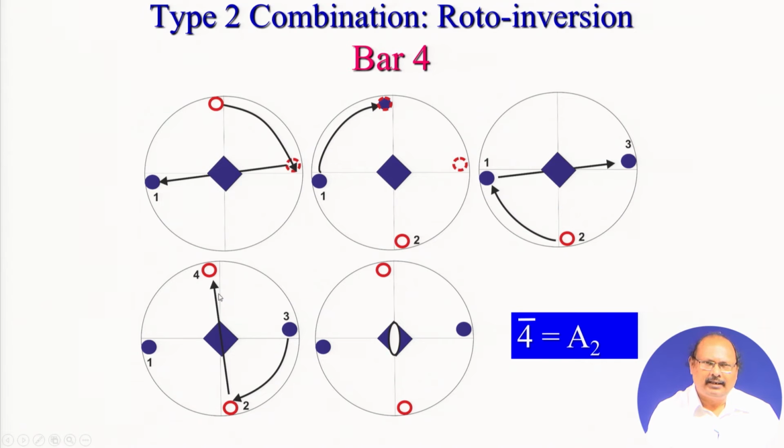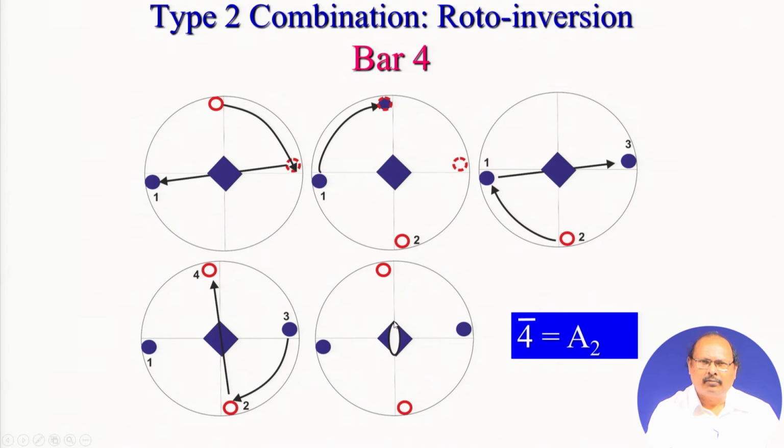But one thing is very interesting here. What is that? This 4 and 2, and this 3 and 1, can be related to each other by 180 degree rotation. So, bar 4 in essence has now become a twofold axial rotation. That is why this symbol of twofold axis or dyad axis is shown here.